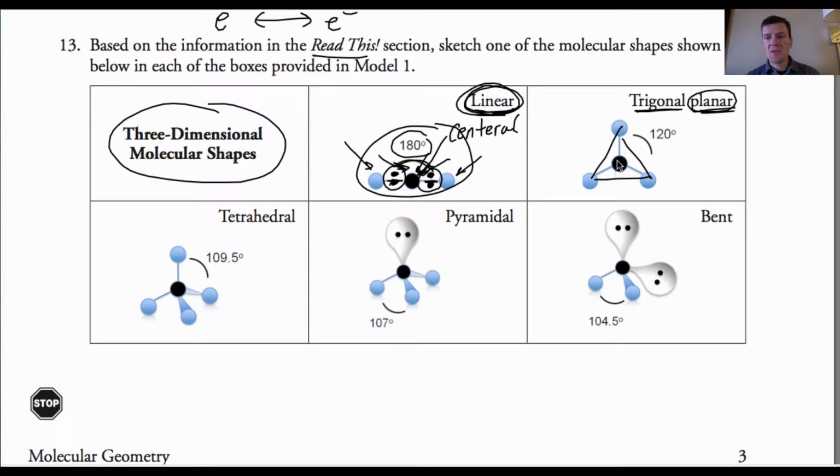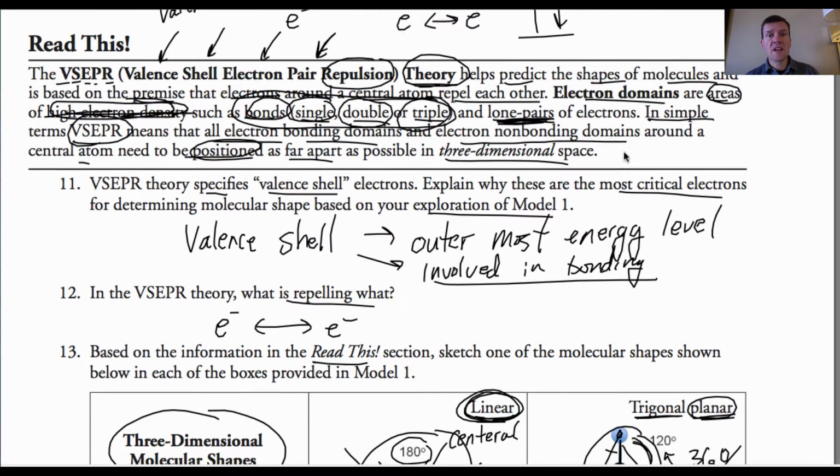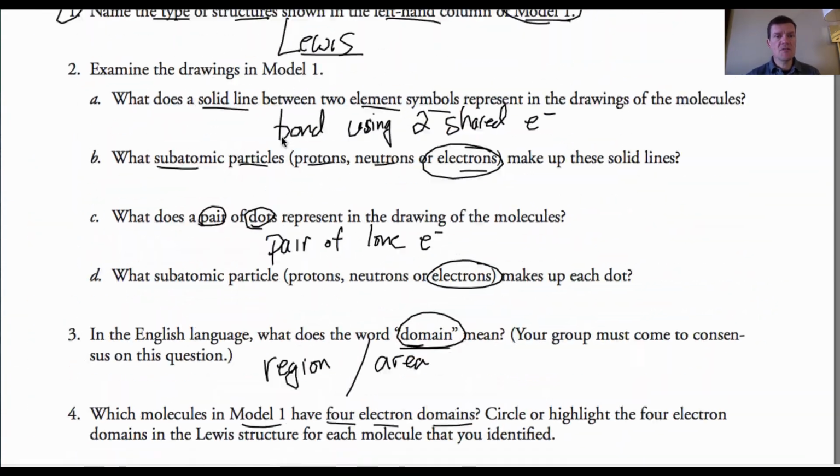Our central atom here is going to have 1, 2, 3 electron domains around it. And the angle between each of these electron regions, and also the angle between the peripheral atoms, would be 120 degrees. Why 120? Because 360 divided by 3 is going to give us 120. This is divided equally around the central atom. So I'm looking for 1, 2, 3 electron domains. Let's see if we have any of those up here in Model 1.